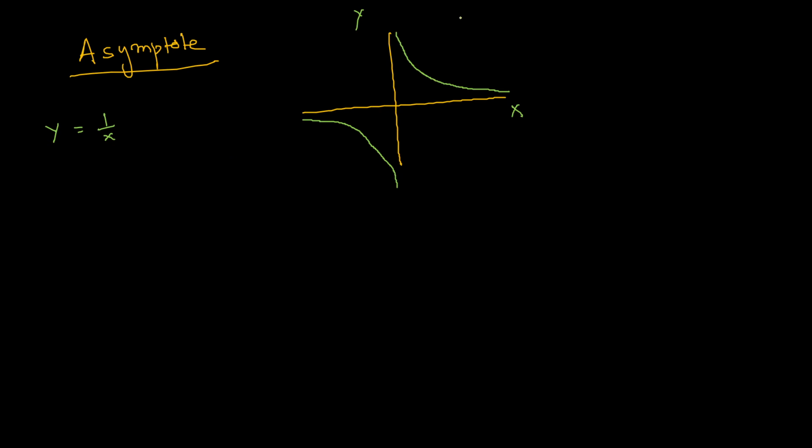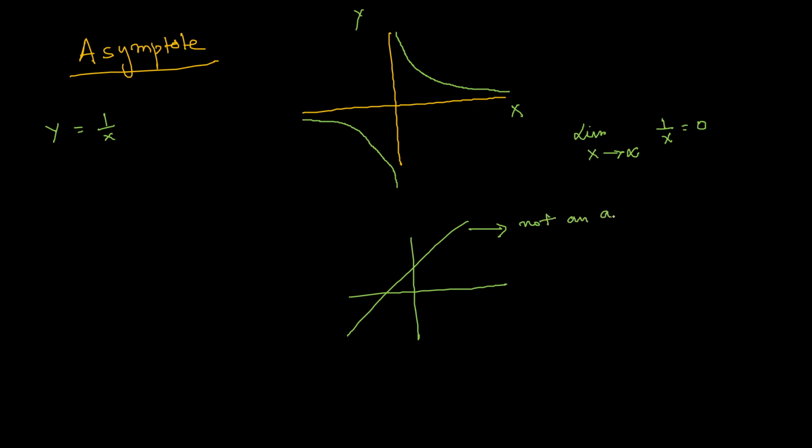Even if you don't know the function, from this curve we can draw the conclusion that as x tends to infinity, 1 by x approaches 0. Now, if you take another example, like a straight line, this is not an asymptote, because as x increases, the value of y of this curve also increases and goes to infinity.